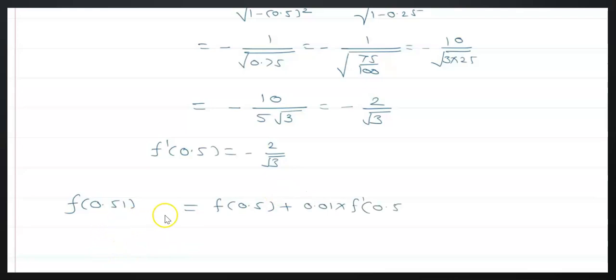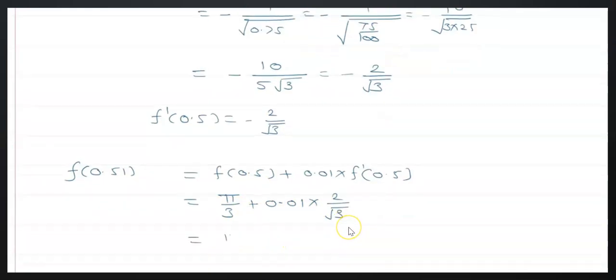f of 0.51 is equal to f of 0.5 plus 0.01 into f dash of 0.5, and its value is pi by 3 minus 0.01 into 2 upon root 3.